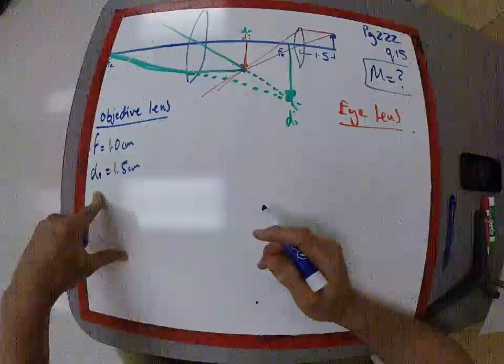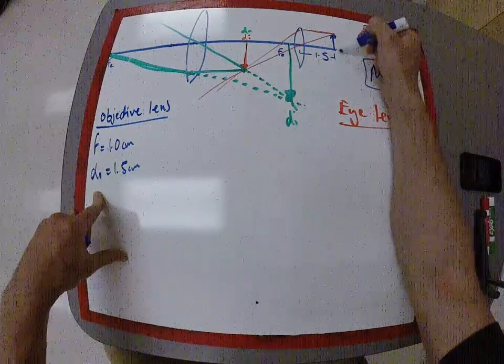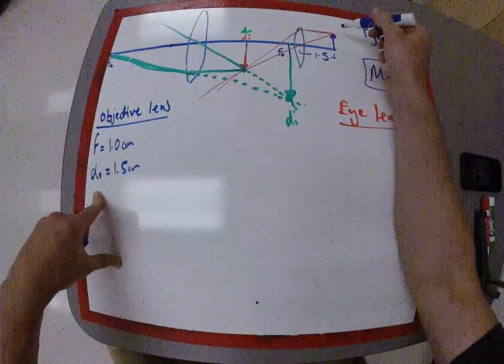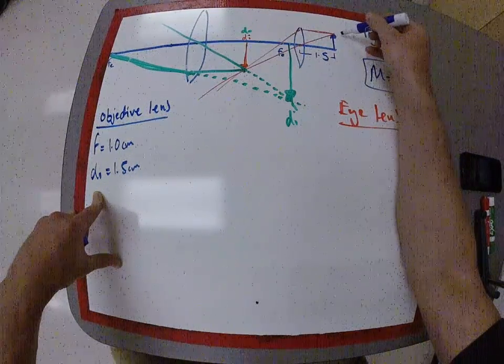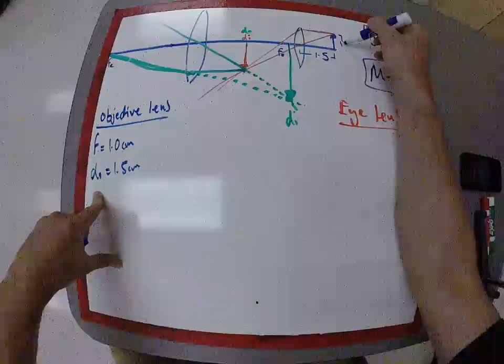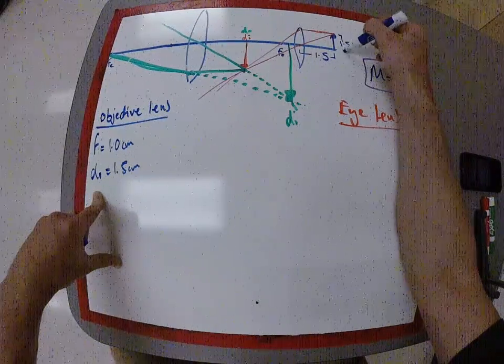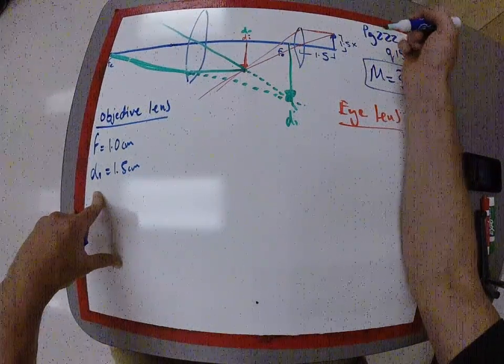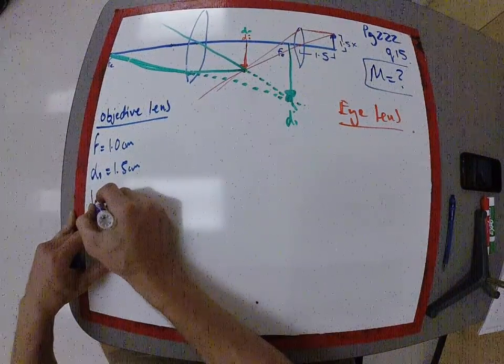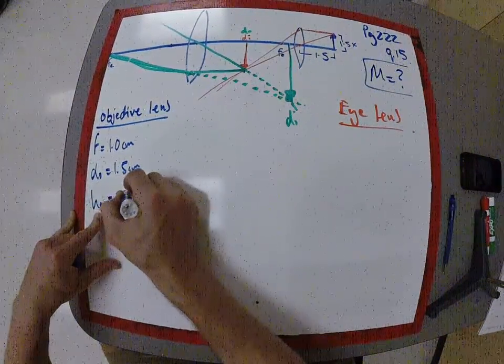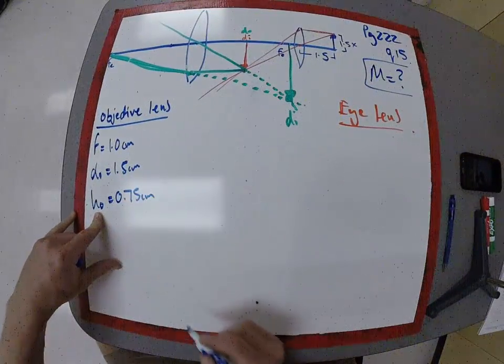We know the height of the object simply by measuring it. We were given a value, 2 divisions on your paper was equal to 1 centimeter, and this is approximately 1.5 divisions, so it ends up being 0.75 centimeters. So the height of the object is 0.75 centimeters.